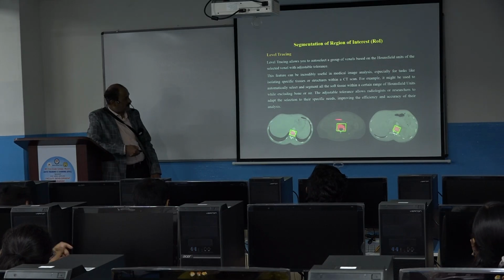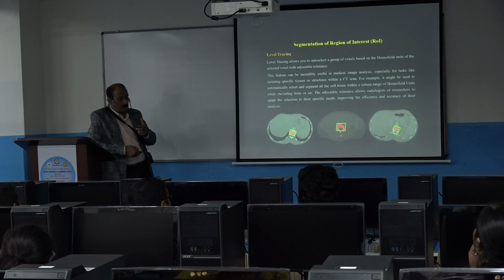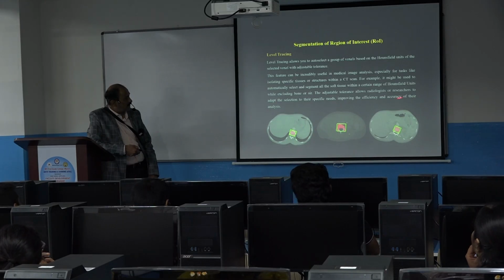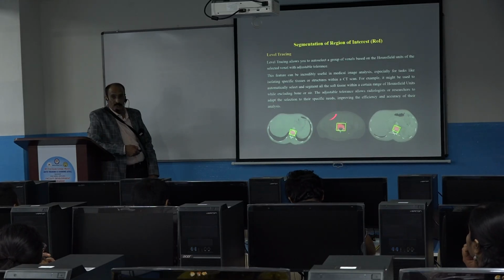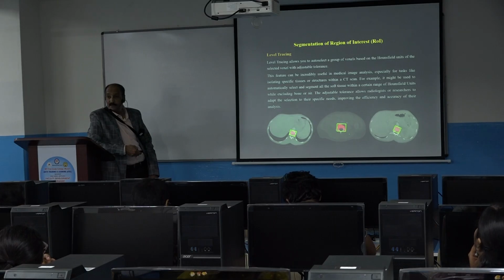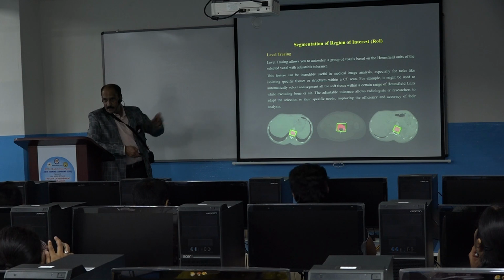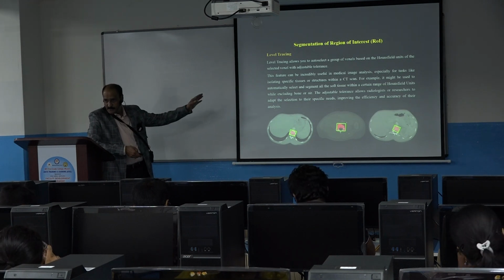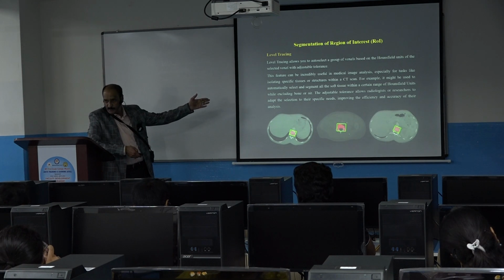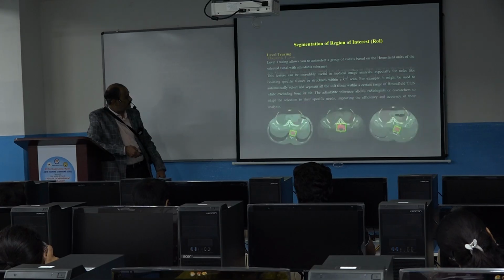So of course the doctors can understand how they can use these tools to analyze the different orientations of the particular portion of the human body, and accordingly they can find out any issues or ailments. This improves the efficiency and accuracy of their analysis. This is what is called the level tracing tool. You can explore it if you are interested. Just type level tracing tool in Google and you can get an animated video, but I could not put that animation here, so I just picked up some images.